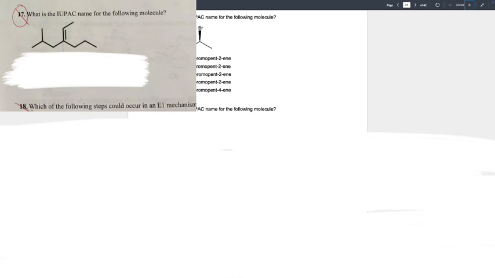Most students swing at this one and go, here's my longest carbon chain because it has the most carbons. Does it contain the highest priority functional group? No, it does not. Because it does not, that is the wrong chain. That answer choice shows up there.